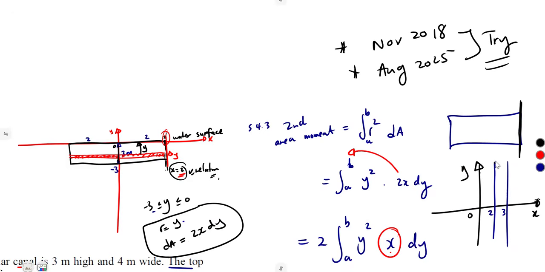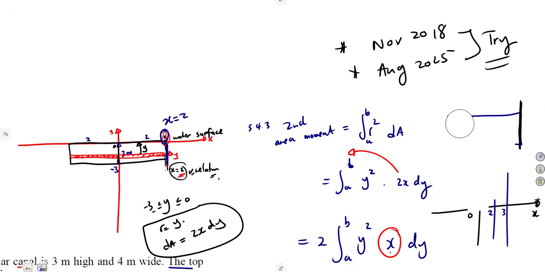If it passes at 2, x is equal to 2. That's why your y-axis is called x is equal to 0. So here we just want to know what is the value of x at the end of the rectangle. The value of x at the end. We have got our equation.